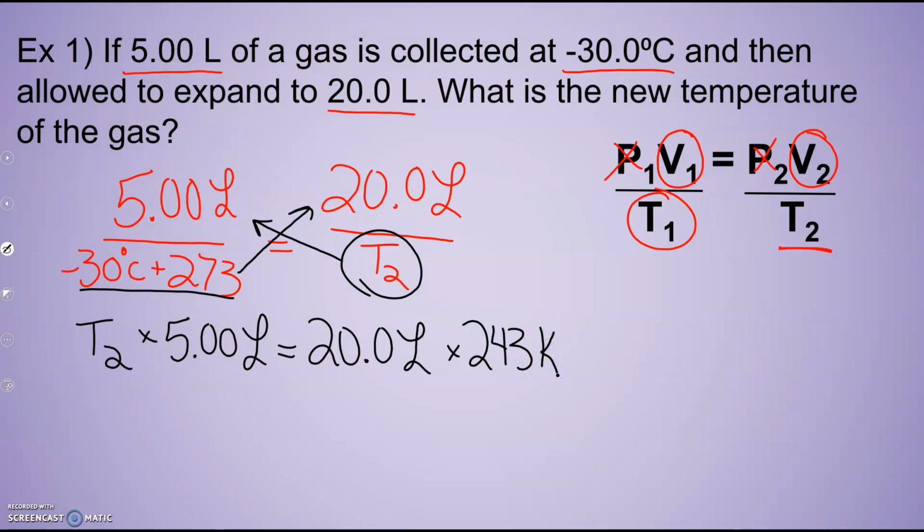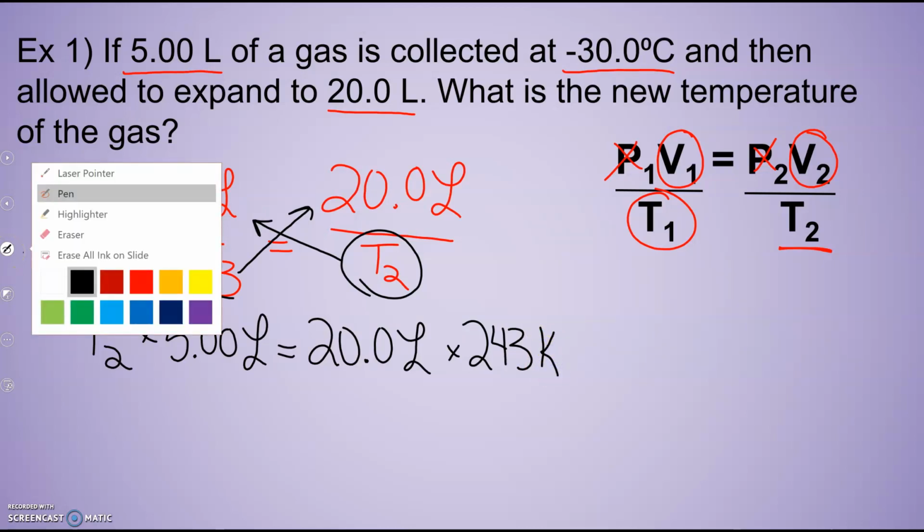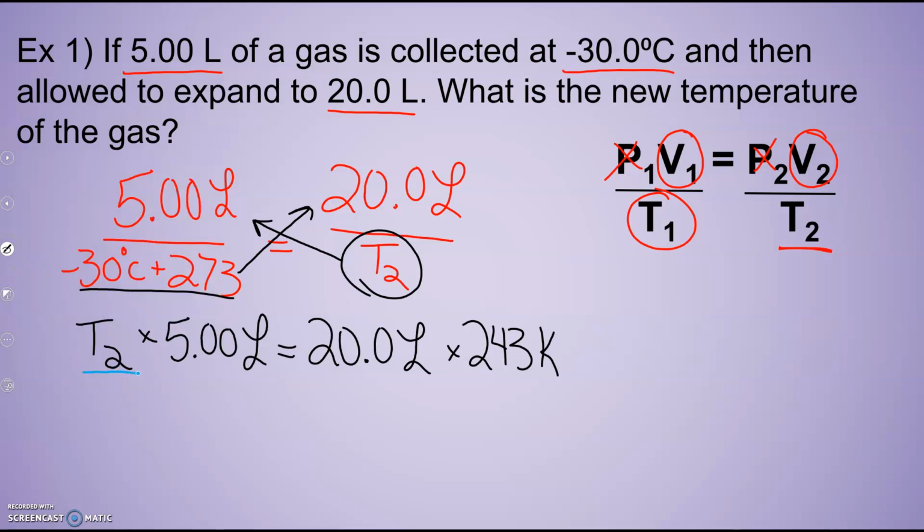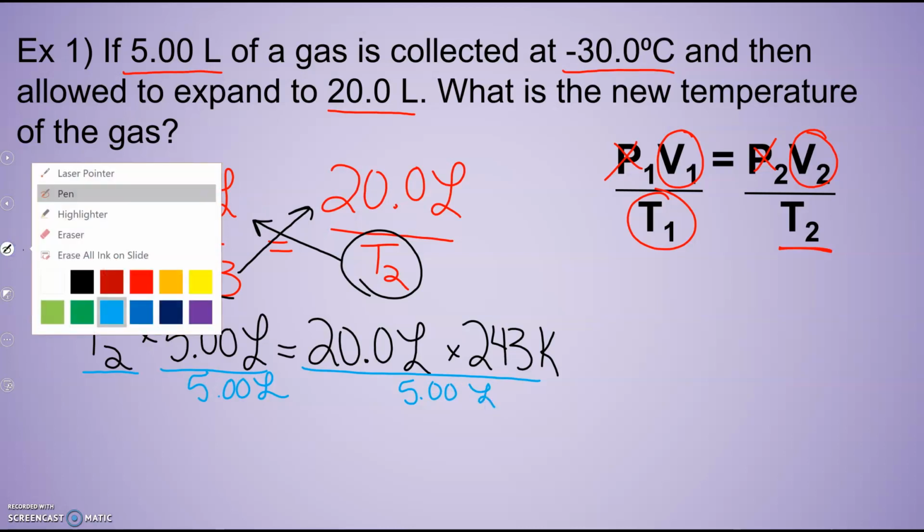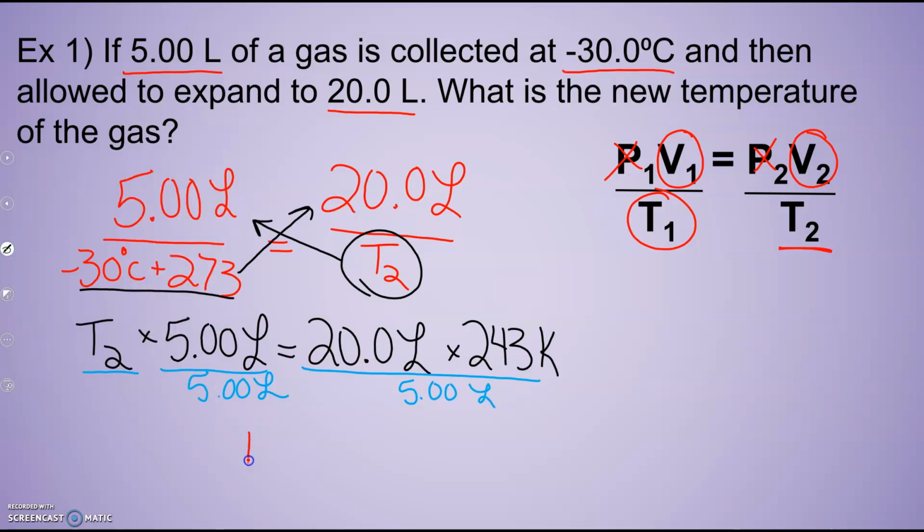And now, because again, we want to isolate T2, we could just divide by 5 on both sides. So T2 is now, okay, after multiplying and dividing those, I get 972 Kelvin. Whew.